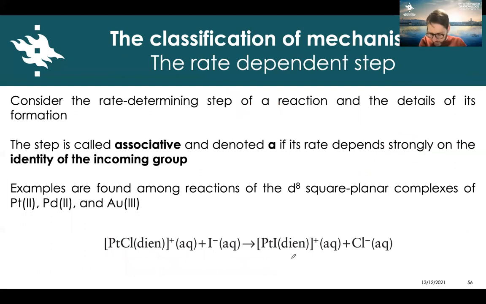Now, when we are talking about the rate dependent step, we have to consider the rate determining step and the details of its formation. The rate determining step can be associative if the rate depends strongly on the identity of the incoming group, because this means that the bonding of the incoming group to the metal atom is important.